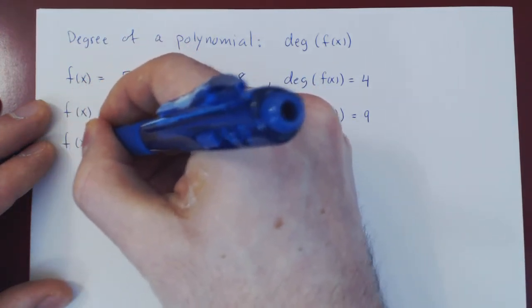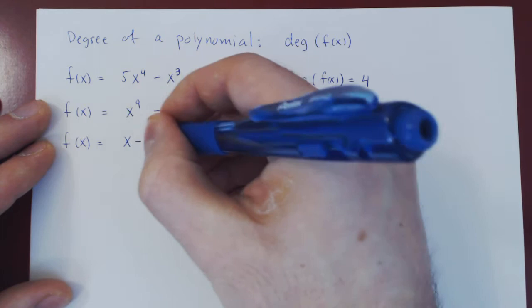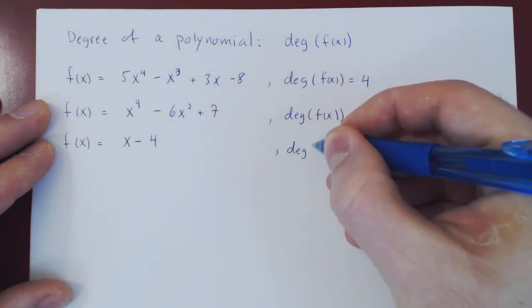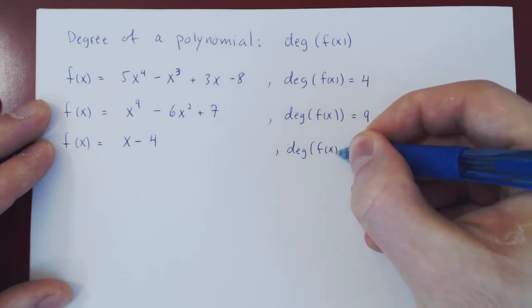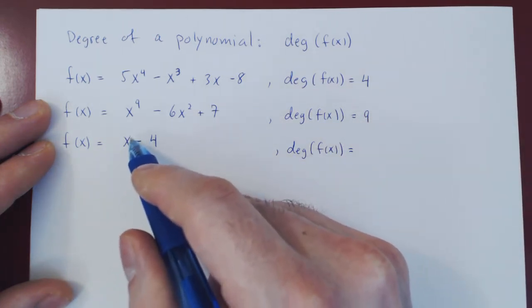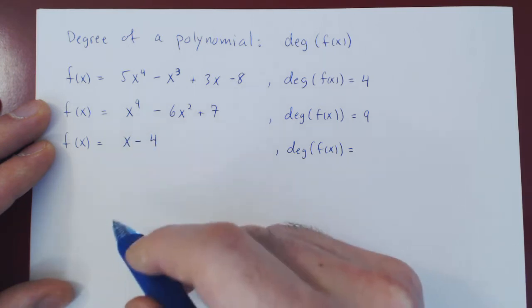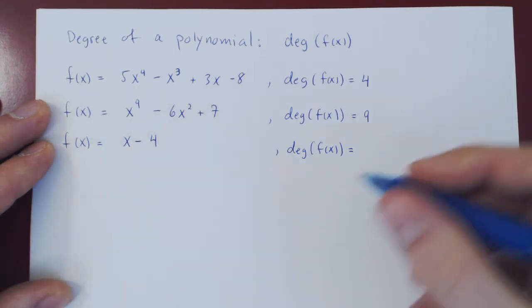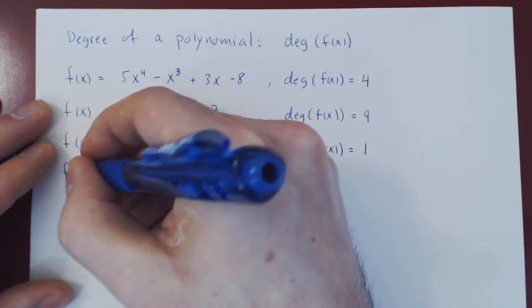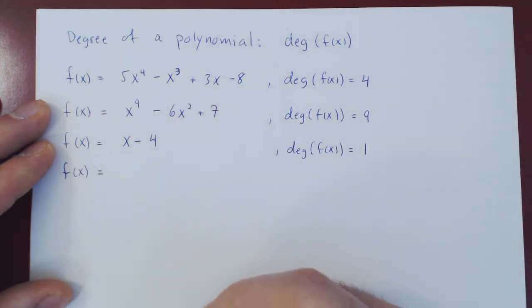If f of x was, say, x minus 4, then now the largest power of x that shows up is 1, because x is x to the 1, and so f of x has degree equal to 1. And you may ask, what if f of x is a polynomial that is actually a constant?